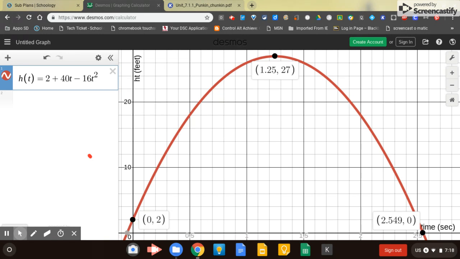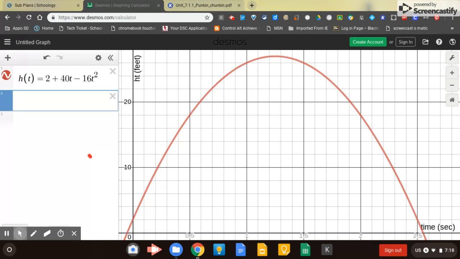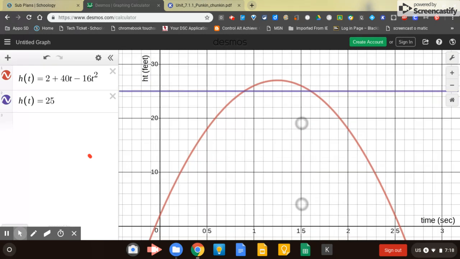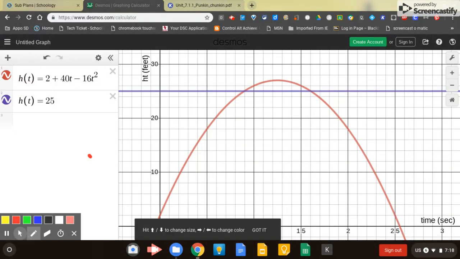Now, what if I wanted to know when, or how many times, this ball was 25 feet above the ground, so height equals 25? Now I get this handy little blue line up here. When I click on it, these 2 points show up right here and right here.